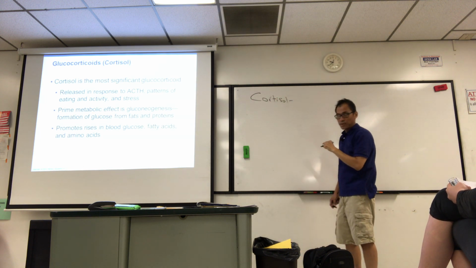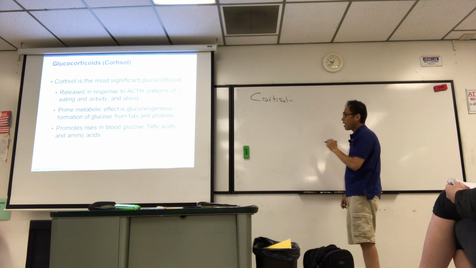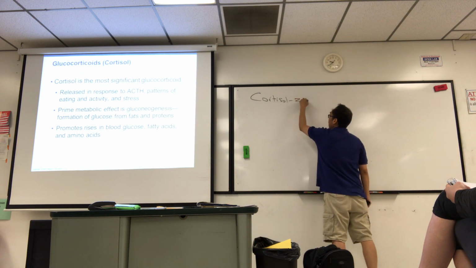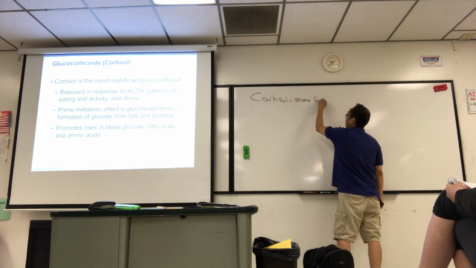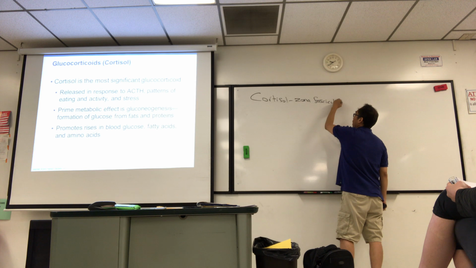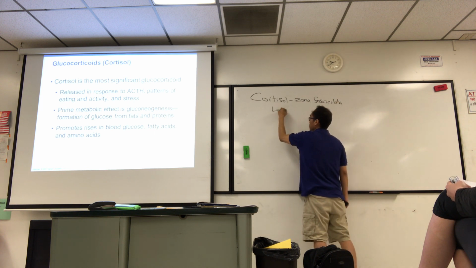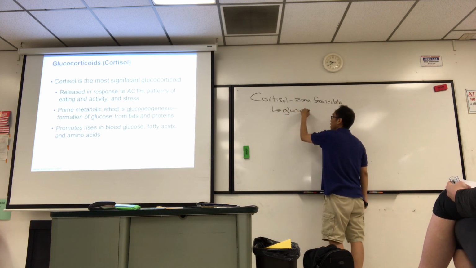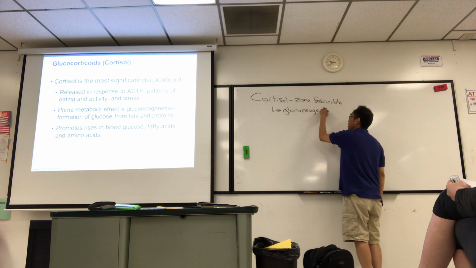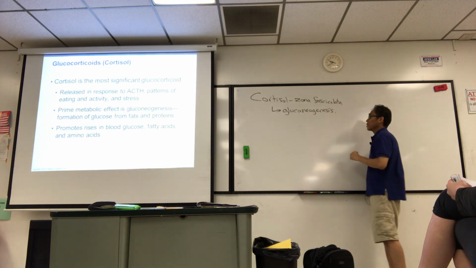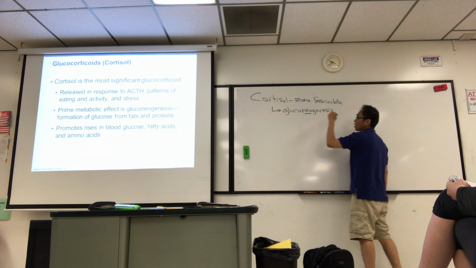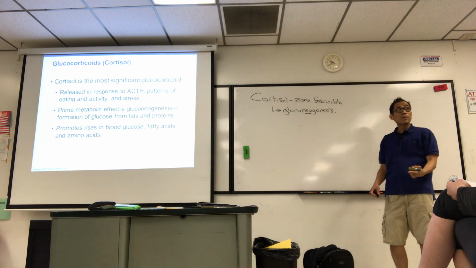So let's remember, it's secreted from the zona reticularis. The prime metabolic effect is gluconeogenesis. Neo means new, right? You're making new carb.